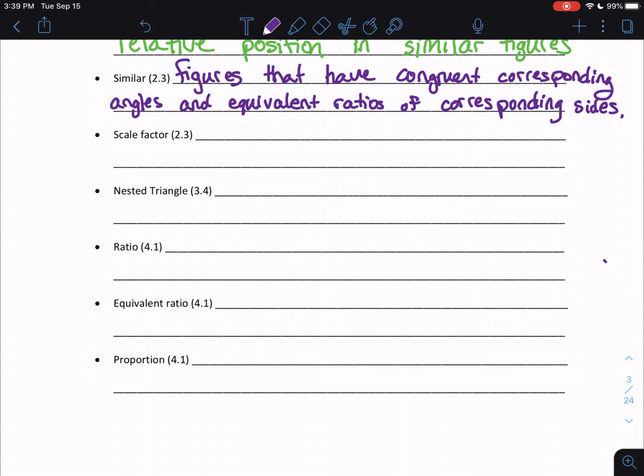Scale factor is going to begin to be introduced today.